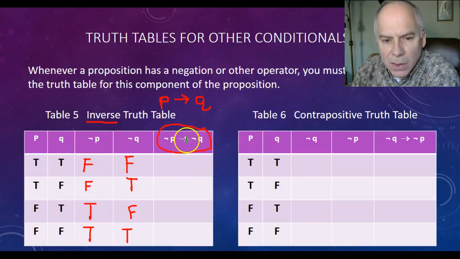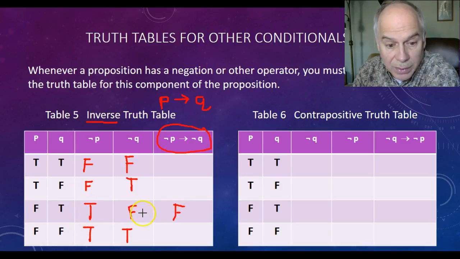Then we are doing the implication, an if-then statement. Now, when is the if-then statement false? It's only false in this case right here, where the first thing is true, but the second thing is false. Notice we're not using the P and Q columns, we're using the negation columns.